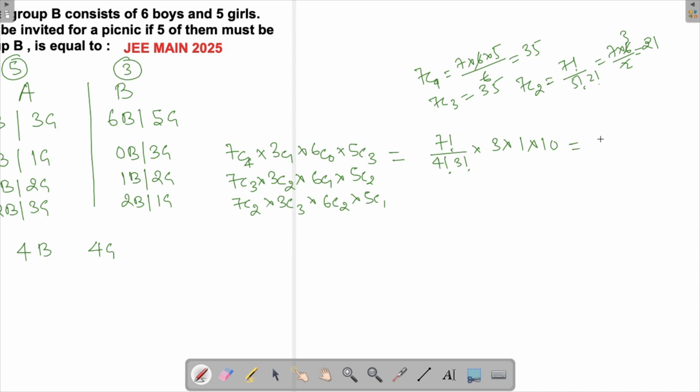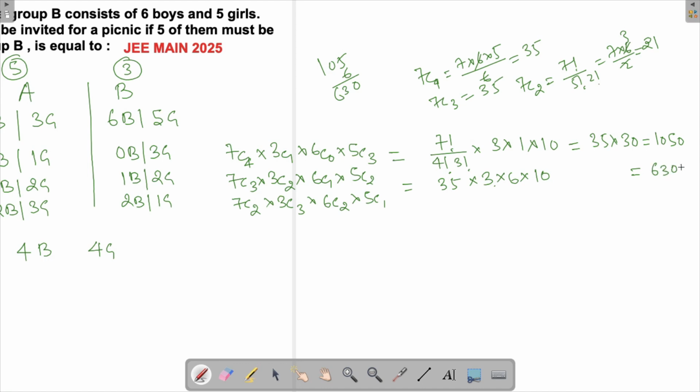So the first case is 35 into 30, which will be 1050. Now 7C3 we have just got to be 35. Then 3C2 is again 3, 6C1 is 6, and 5C2 is 10. So this is 35 into 3, which is 105, and into 6, which turns out to be 6300.